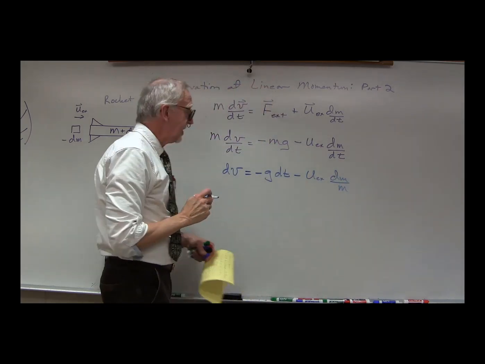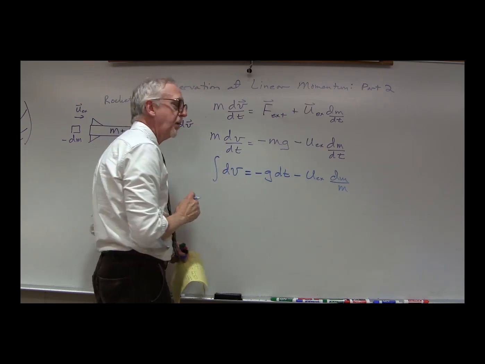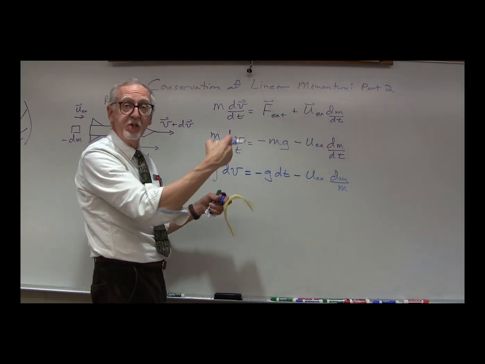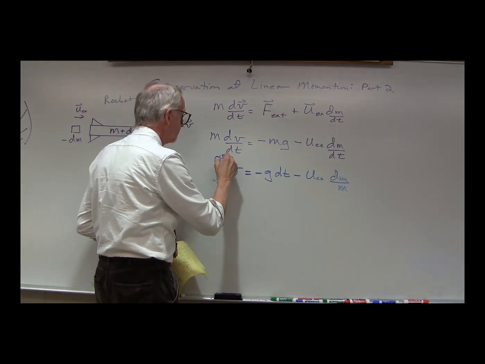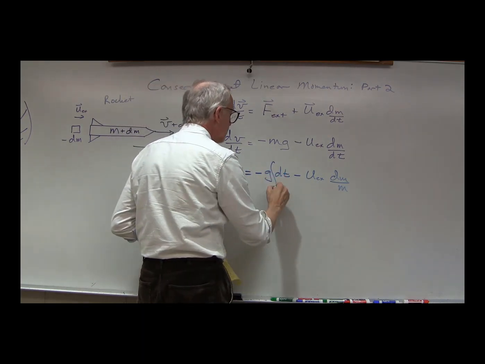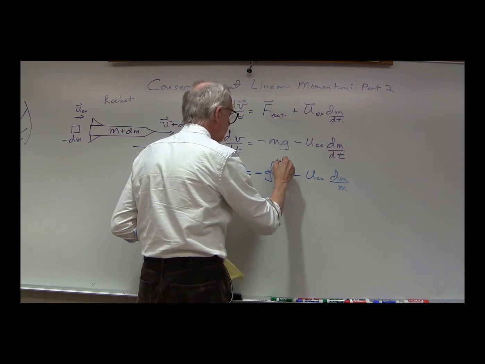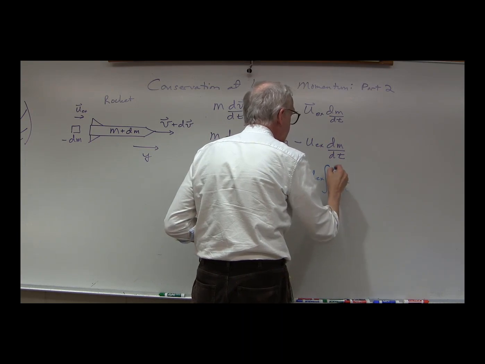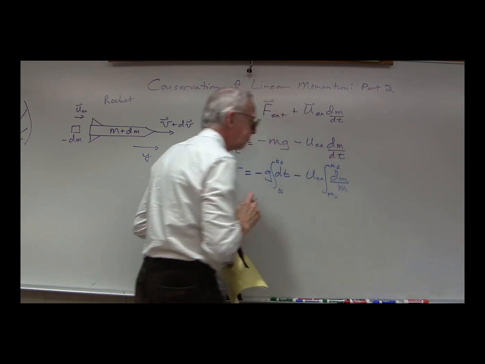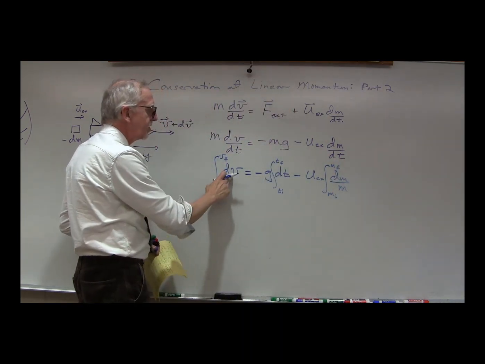And now we're going to integrate. We're going to integrate from v initial to v final, from some time, t initial to t final, and then some mass, m initial to m final. Okay, there we go. What's the integral of dv?